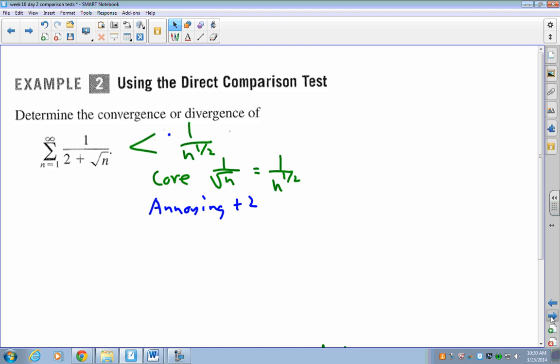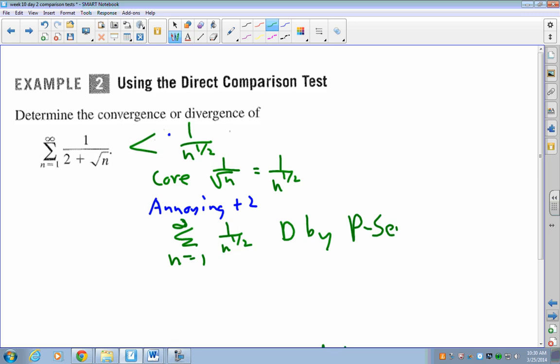So, let's see what we got. What happens to green guy? The sum from n equals 1 to infinity of 1 over n to the 1/2 diverges by p series. Okay? So then right away, before you get giddy, this is where people make the mistake. You know what a lot of people already want to say? The other guy diverges.